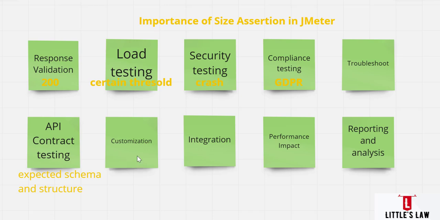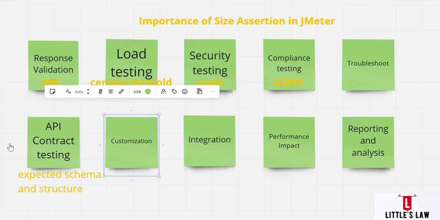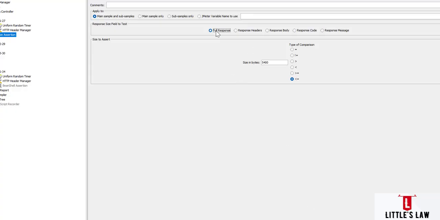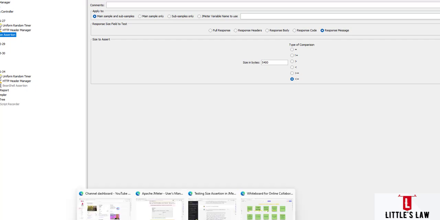So the seventh option is customization. JMeter allows us to customize the size assertion to suit specific needs. For example, we can choose to test the size of the entire response or just a specific part, something like the response headers, the response body, the response code, or the response message.